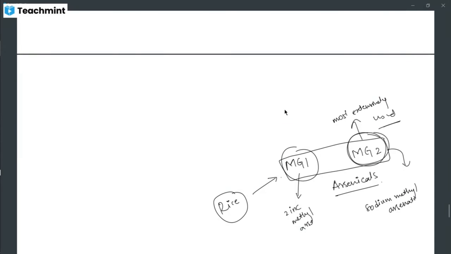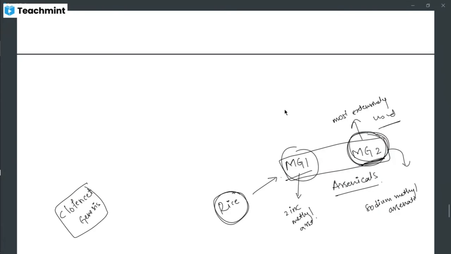MG1 and MG2 are the male gametocides which are used in rice, and the most used is MG2. There is also another male gametocide known as clofenset, also known as Genesis.